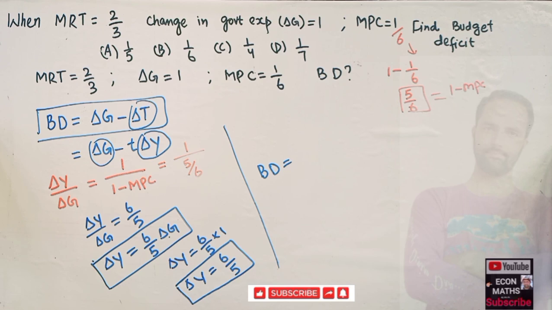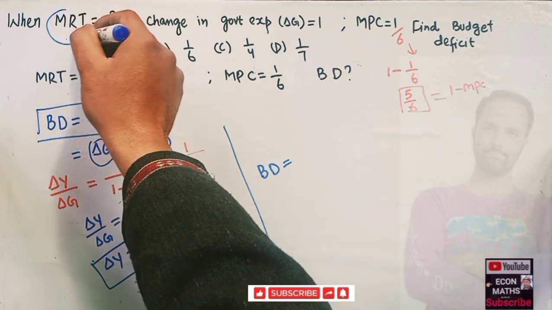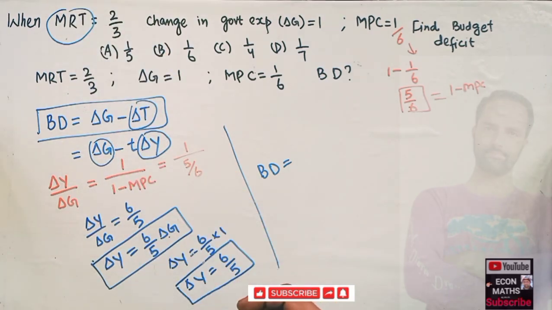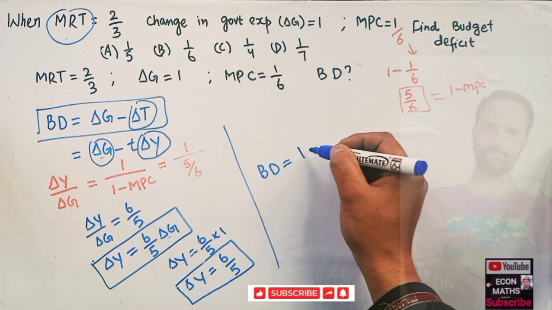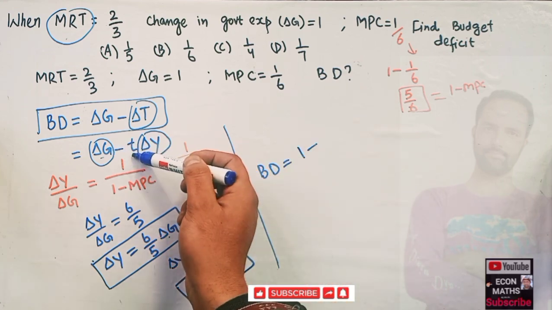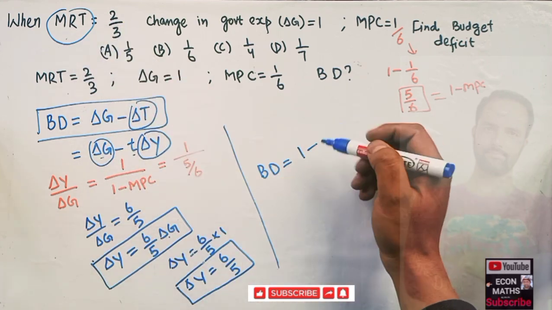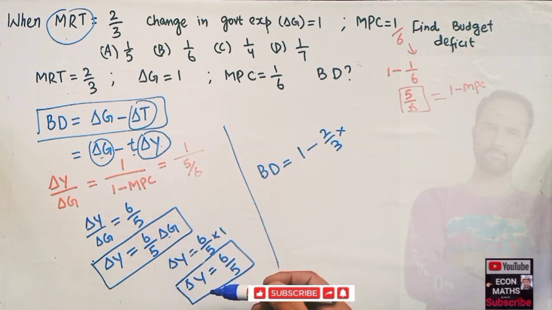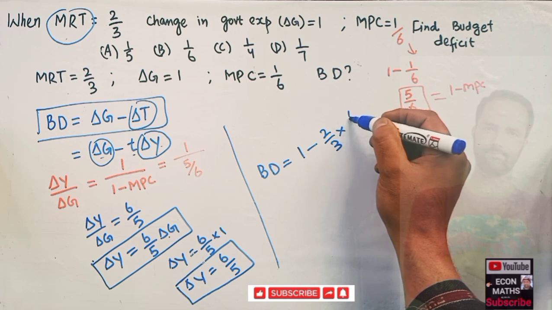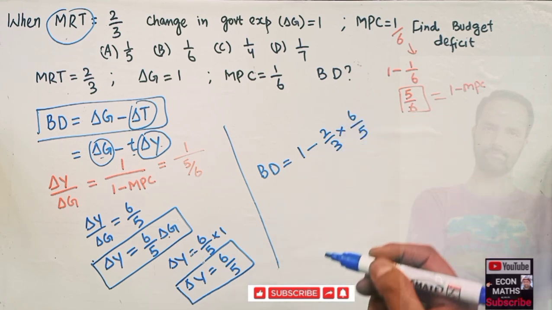Actually we have to calculate the tax rate; the marginal rate of tax is also given here. So our budget deficit, which is delta G minus T delta Y, where T is our marginal rate of tax, that is 2 upon 3, into delta Y. Delta Y we calculated came out to be 6 upon 5.